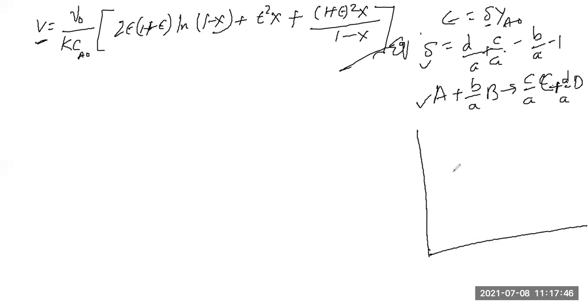Conversion is taken on the x-axis and volume is taken on the y-axis. And you get these kinds of graphs for particular values of epsilon.